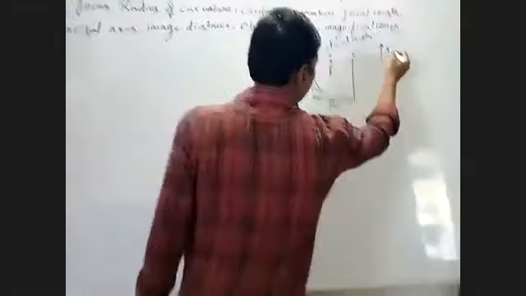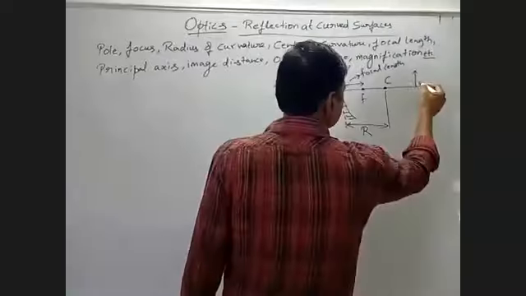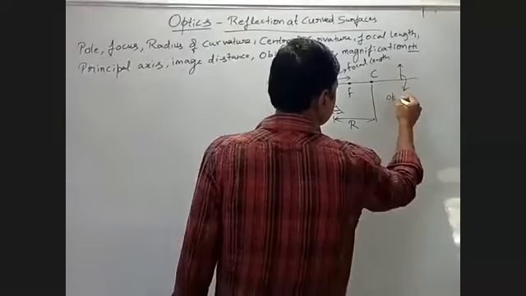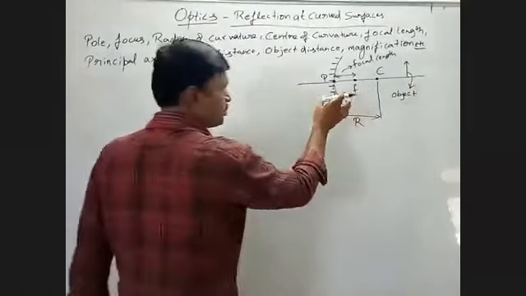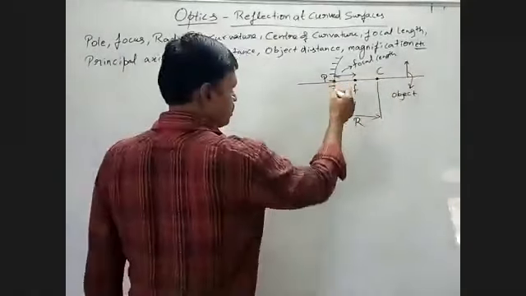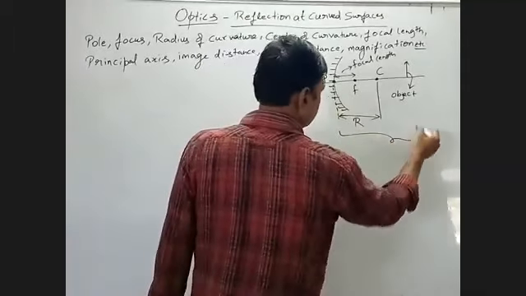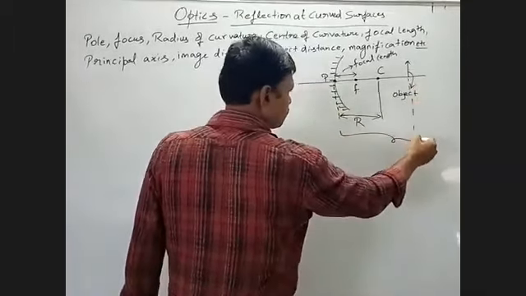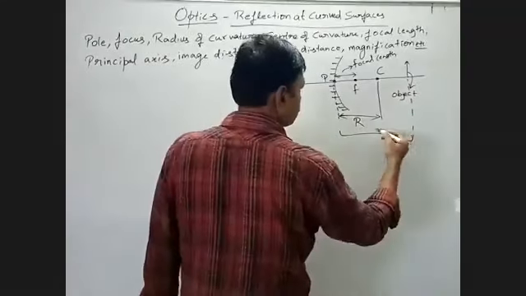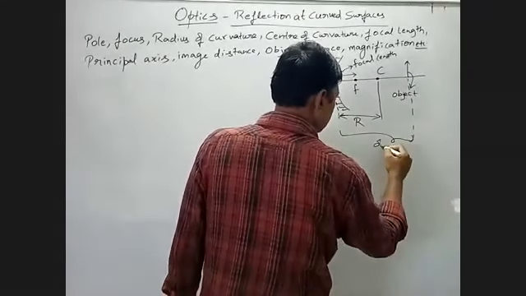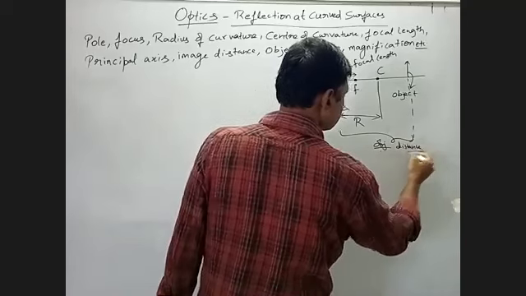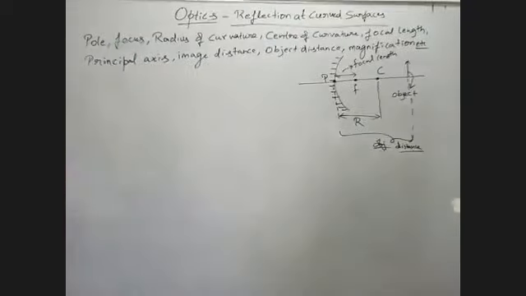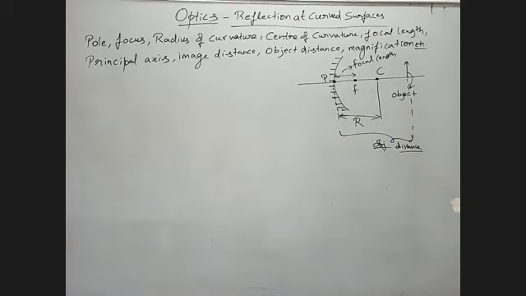This is the object. So the distance from the mirror to the object is the object distance. Students, are you getting this?